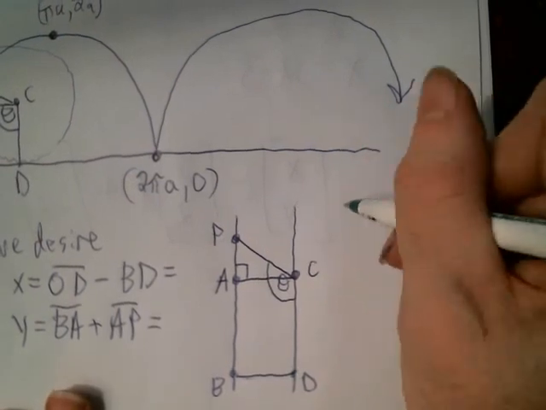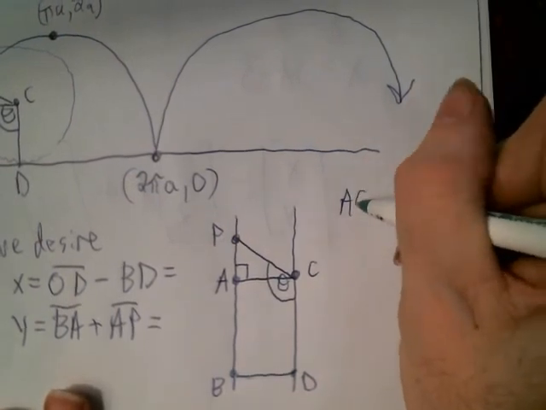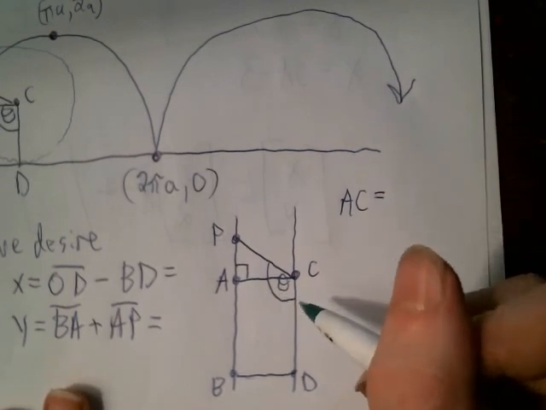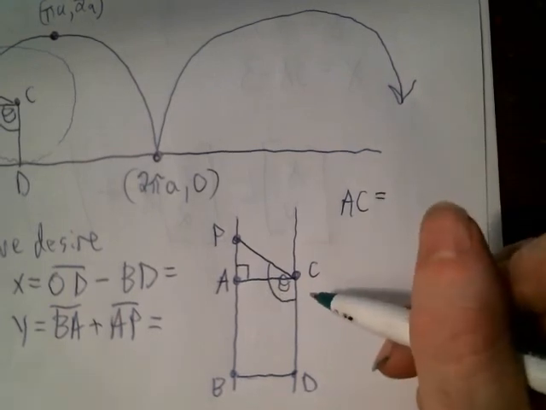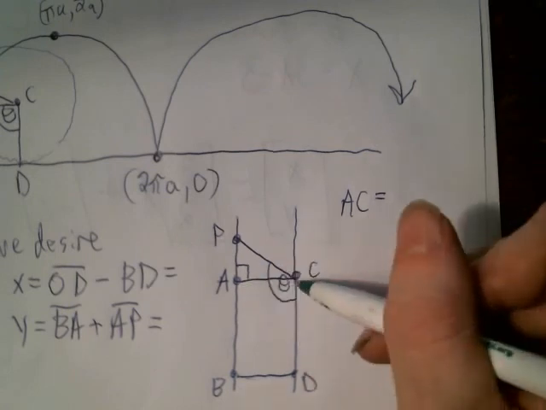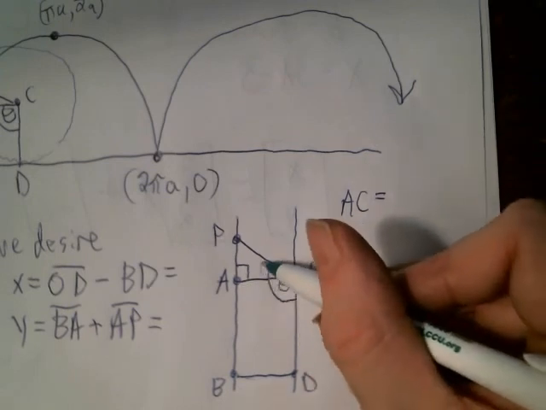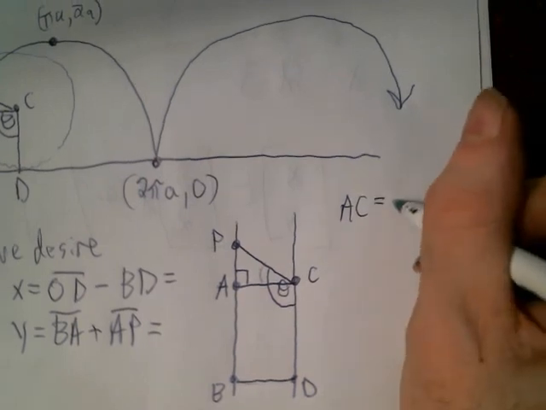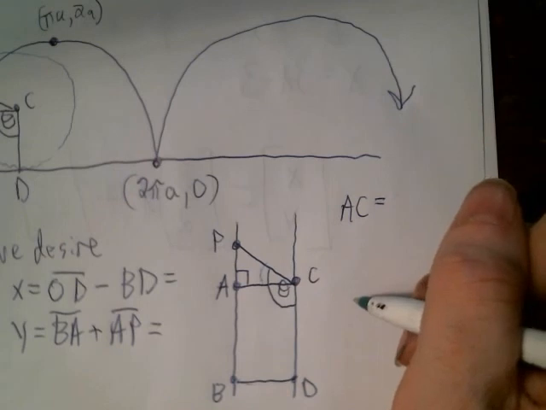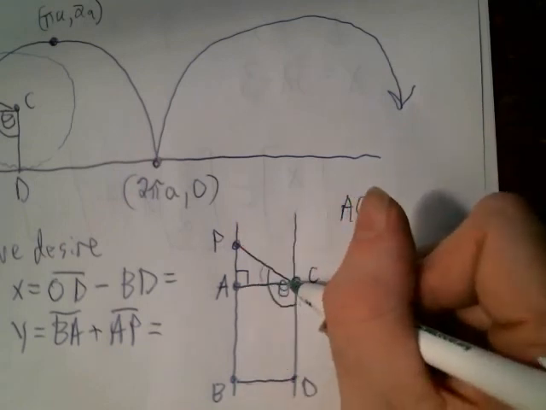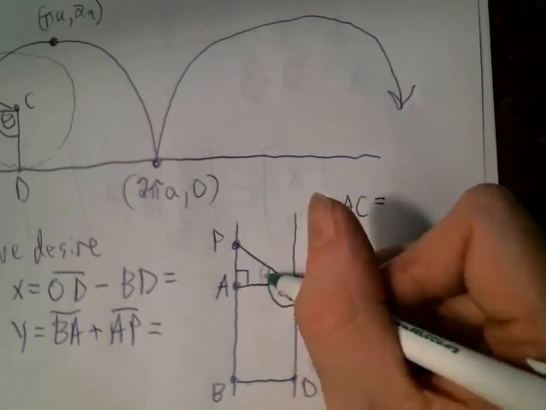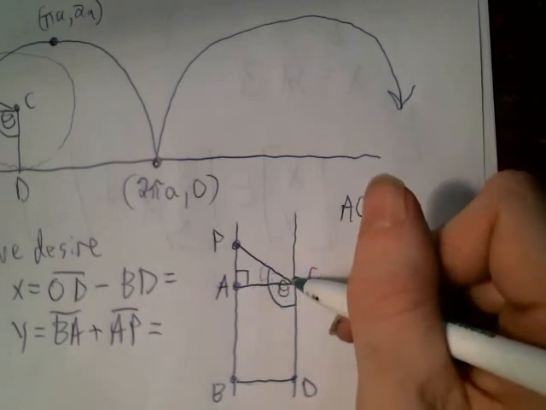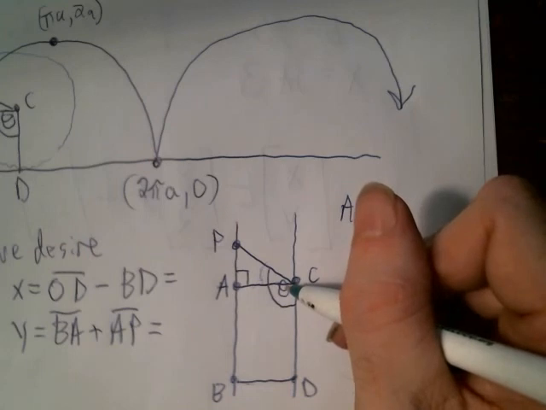Using trig, I note that AC must be equal to, well, I'm going to need to know this angle here, this APC angle, because AC will be basically adjacent all over hypotenuse. I'm looking, there's a mistake in my notes I'm worried about.